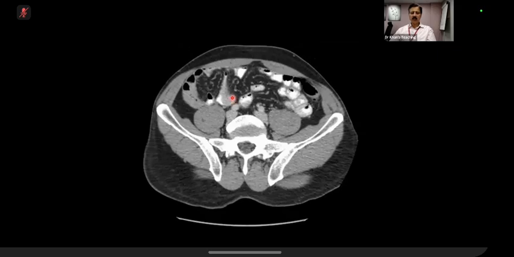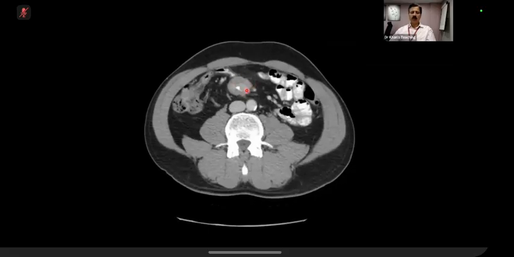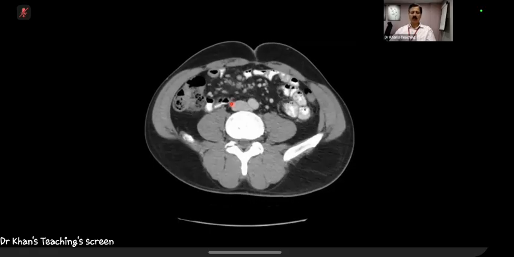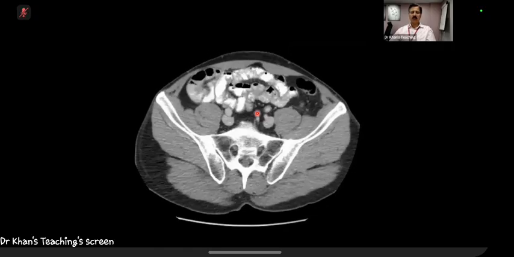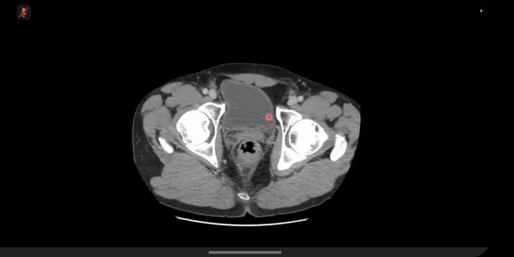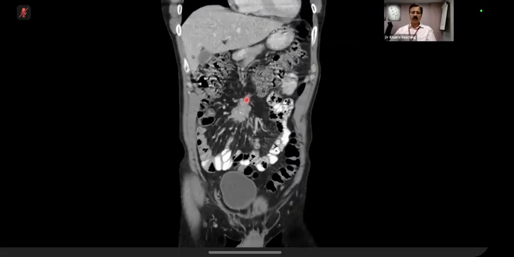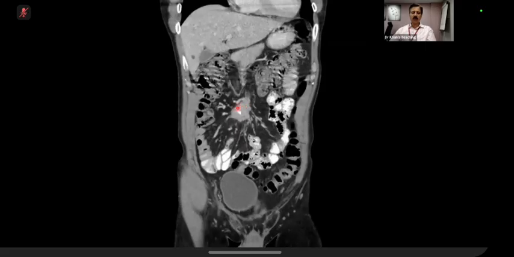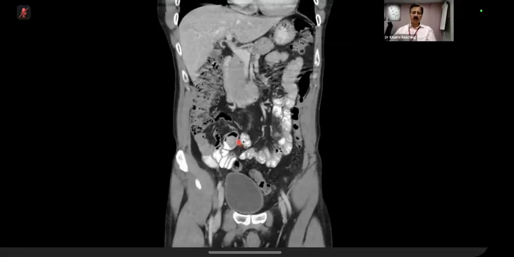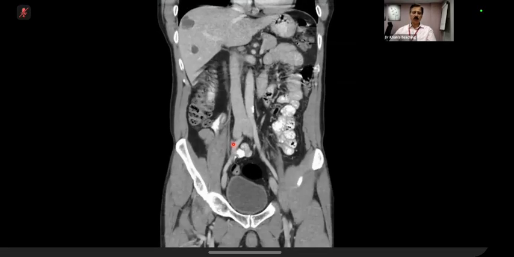And this is classical because this is the primary, and this is an example where the metastasis is larger than the primary, and this is usual behavior. And if you go to coronal, you can see it looks much bigger. The metastasis in the mesentery, but look at this primary, and the primary is much smaller.